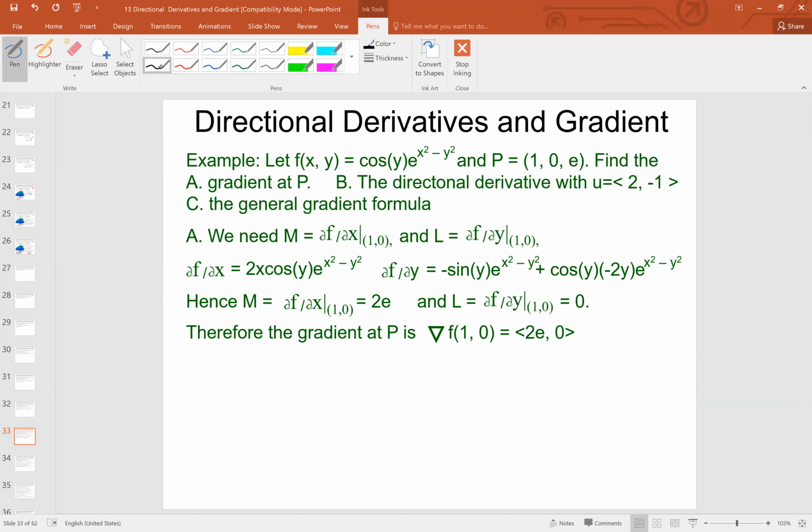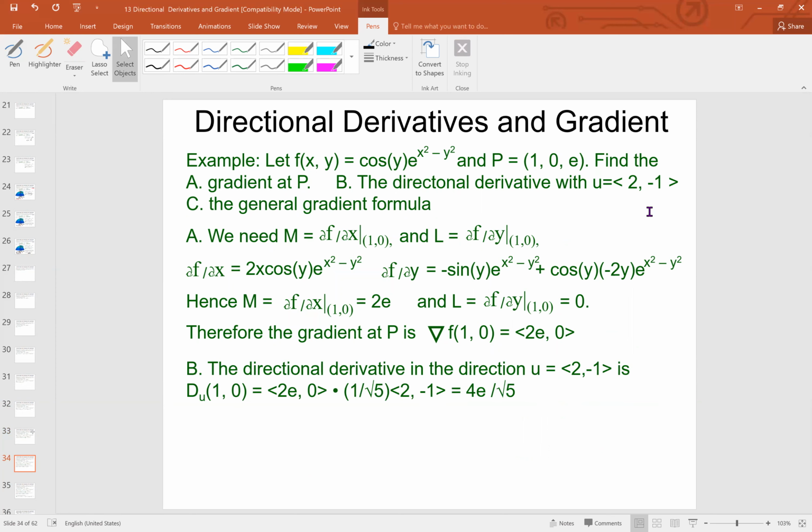And part B says find the directional derivative in these directions. You have to take that and unitize it. That's just a direction, but that is not the directional vector in that direction. You have to unitize that, and then you dot with the unit vector.